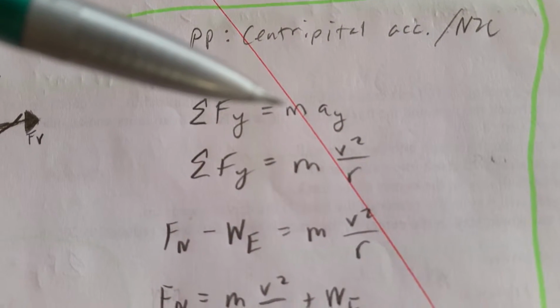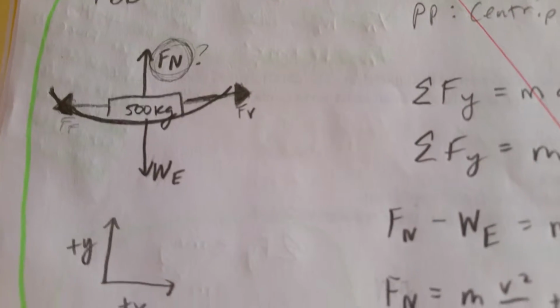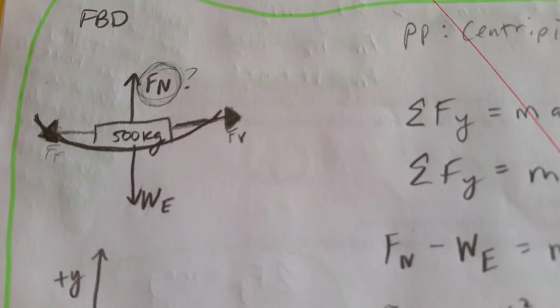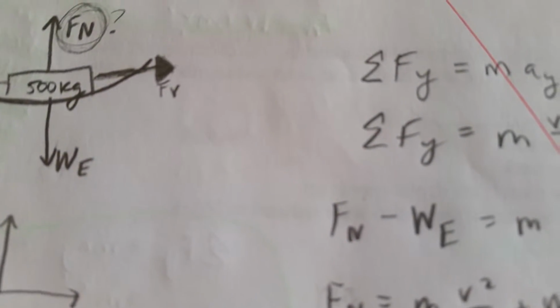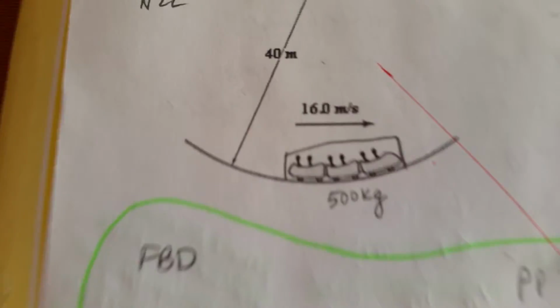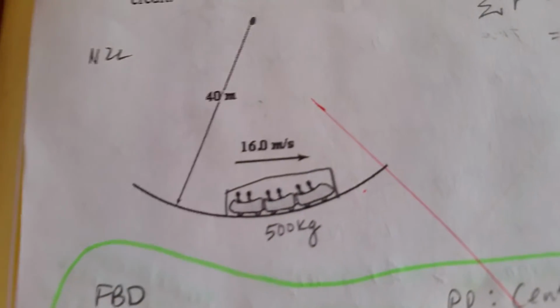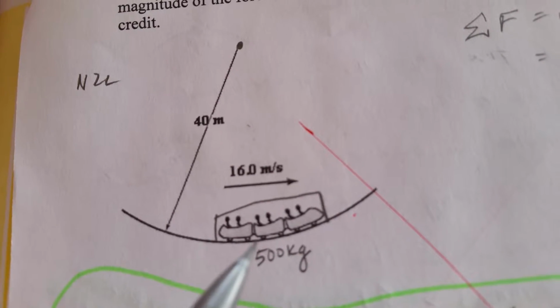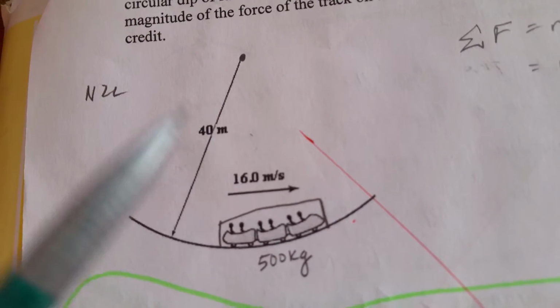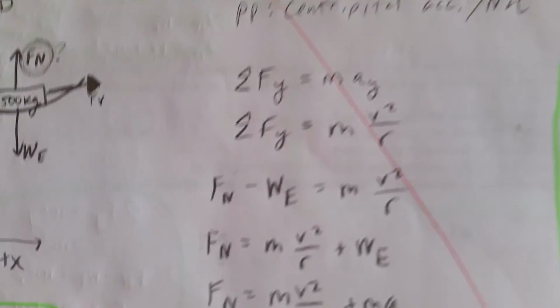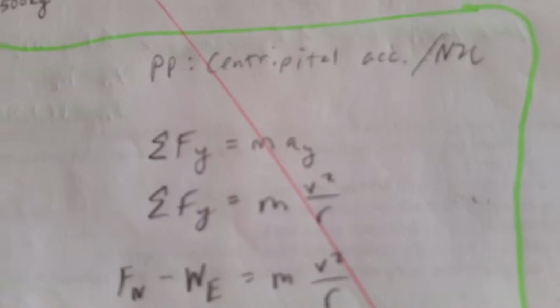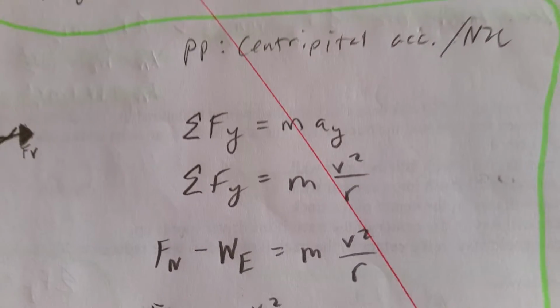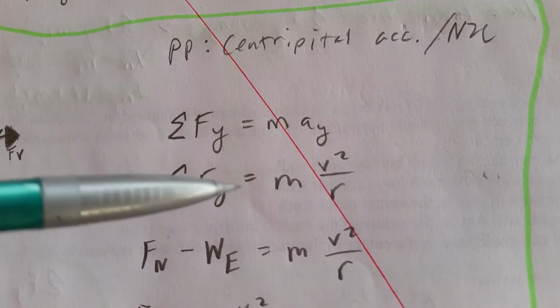Since it's accelerating in the y direction because of centripetal acceleration, and the roller coaster is at the bottom of this loop right here, the acceleration is going to be heading towards the center. Because of that, that's how you know the acceleration in the y direction is an actual value.